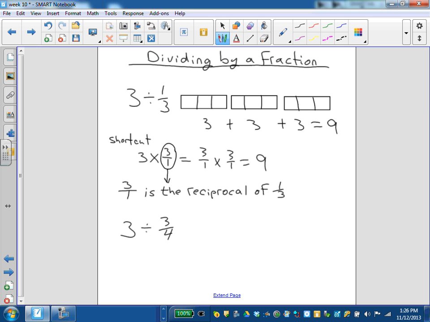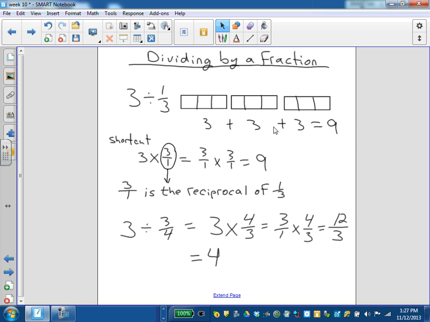So 3 divided by 3/4 is equal to 3 times 4 over 3, which is equal to 3 over 1 times 4 over 3. And we know that equals 12 over 3, because 3 times 4 is 12, 1 times 3 is 3, and that equals 4. Because 12 divided by 3 equals 4.